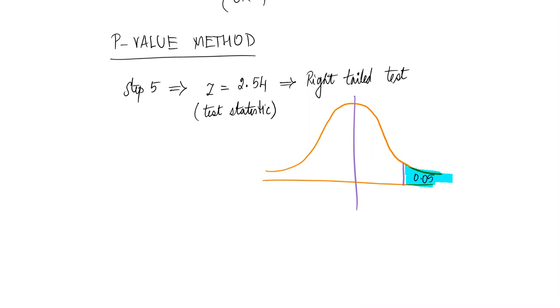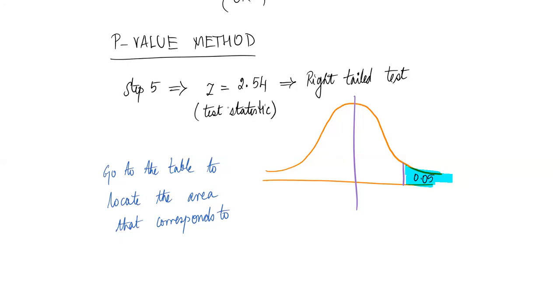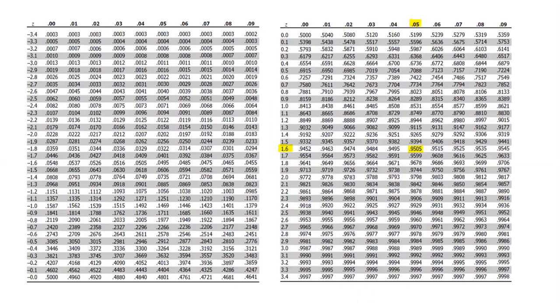So I'll say go to the table to locate the area that corresponds to Z equals 2.54. Right. So then we go to the table, 2.54.